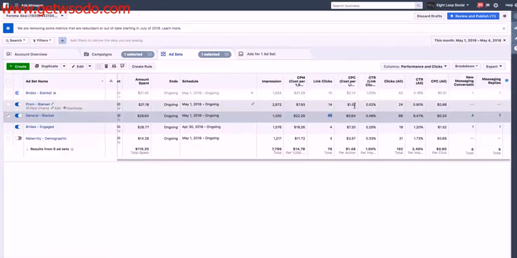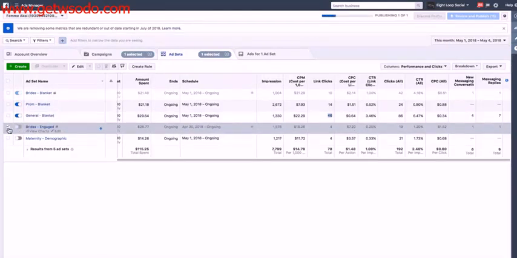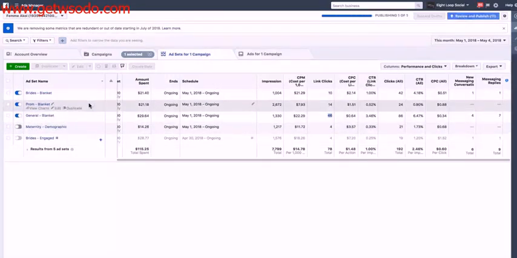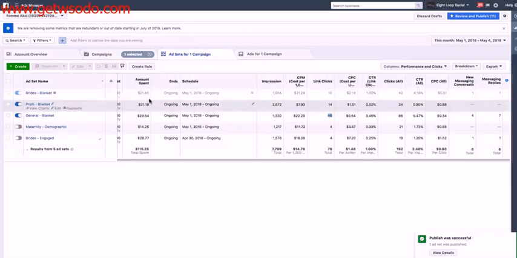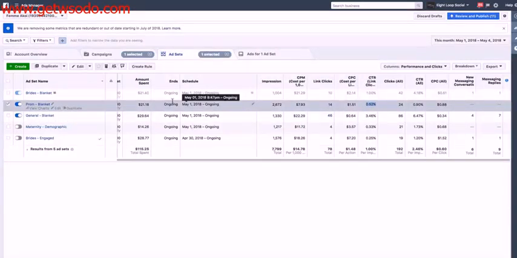Whereas this one here, our brides, they're just not engaging with this creative. So I can go ahead and turn this one off now. And likewise, this one here, our click-through rate, I'm not saying that, prom, we would never roll out a funnel for this. It could just be that the creative that we rolled out didn't really work in this situation.